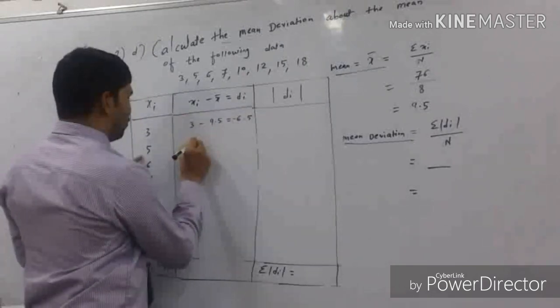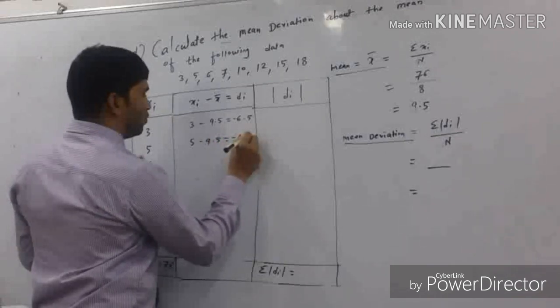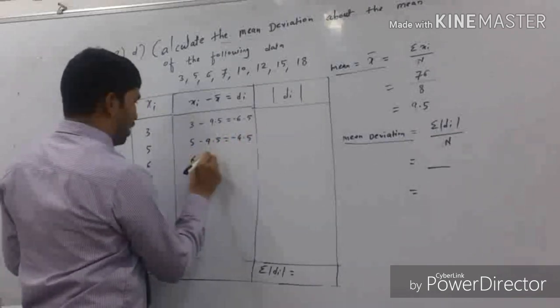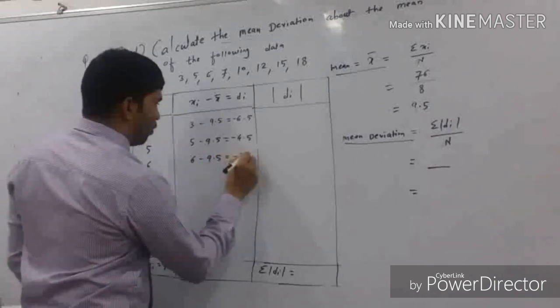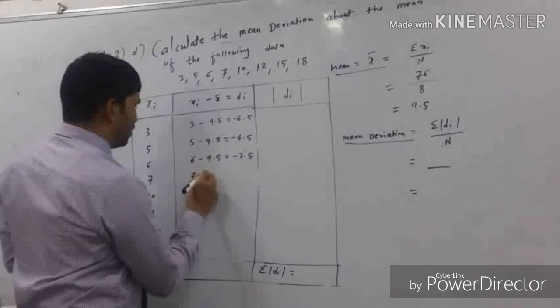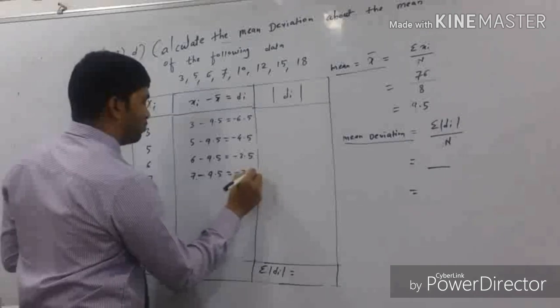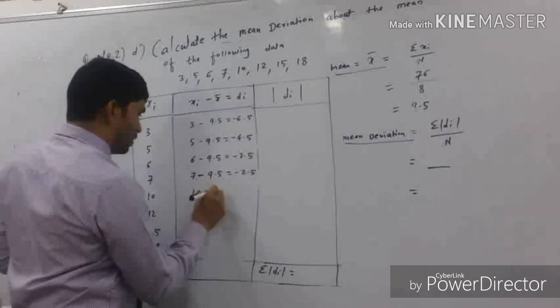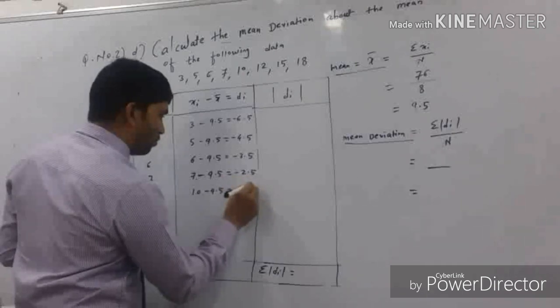Now second, 5 minus 9.5. So we get minus 4.5. Now 6 minus 9.5. So we get minus 3.5. Now xi is 7, 7 minus 9.5. So we get minus 2.5. Now 10 minus 9.5. We get plus value, that is 0.5.